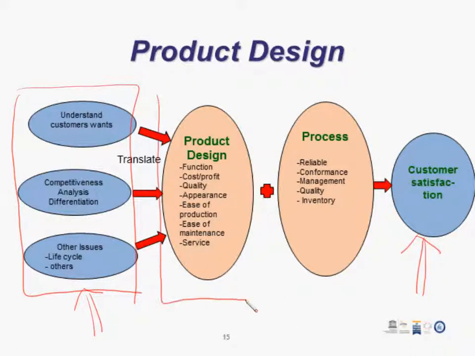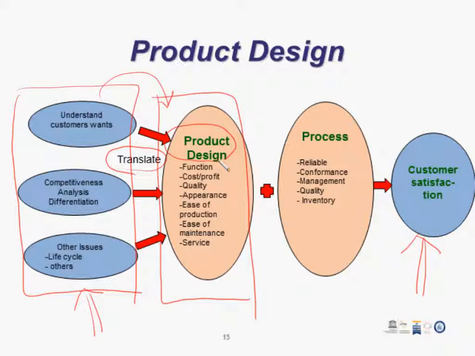In the middle, we need to translate customers' wants and needs and competitiveness into design function, and cost and profit, and quality, appearance, ease of production, ease of maintenance and services. Also important are product design languages. We need to translate marketing languages into operations languages.